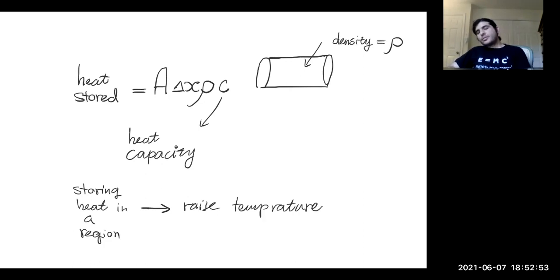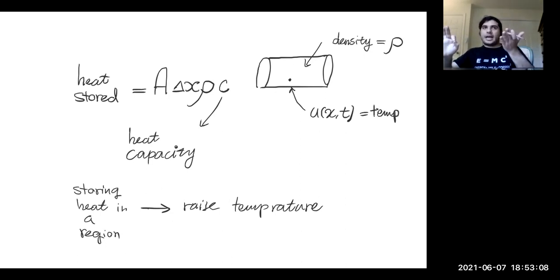So if I show temperature at each point here with U, suppose U of X and T is the temperature of the point X at time T. If we have heat stored there, the temperature should rise. So the heat stored is proportional to the changes in temperature, because if you have heat stored there, the temperature should rise. So it's also proportional to the derivative of temperature with respect to time.